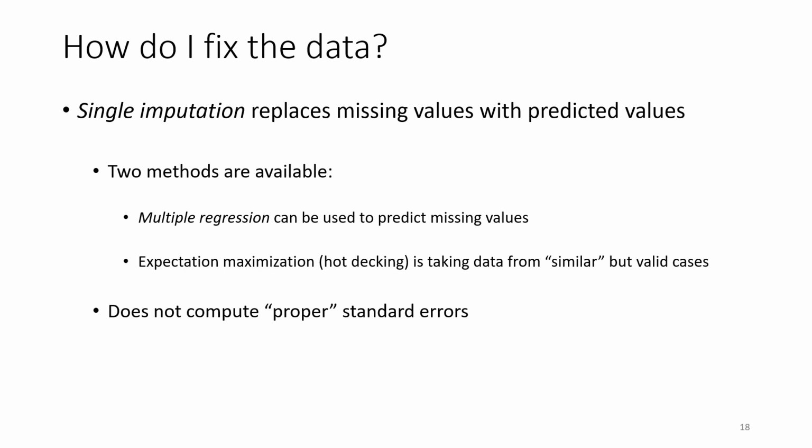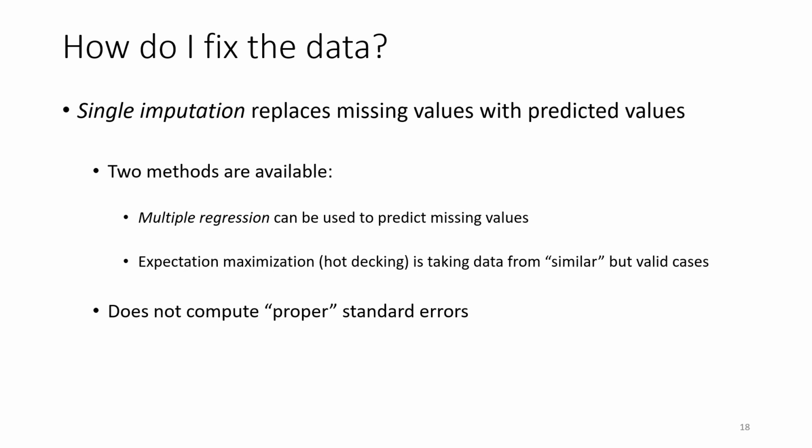And this essentially is an approach where we find another case, another person's data that is very similar to the data that has the missing value for, let's say, one variable. And we take the value for that case, the one that has the data and is similar, and we plug that value in.